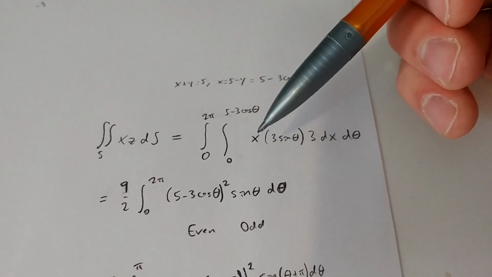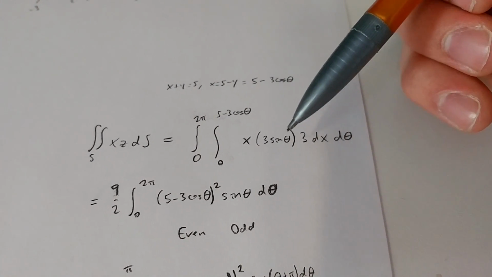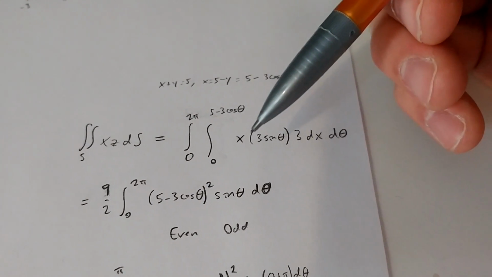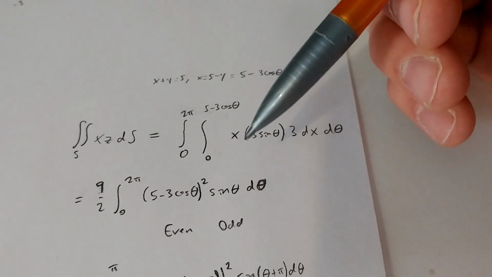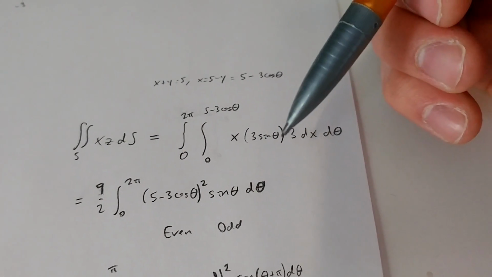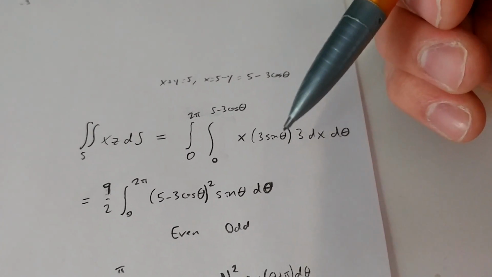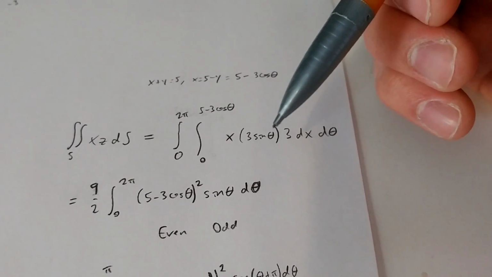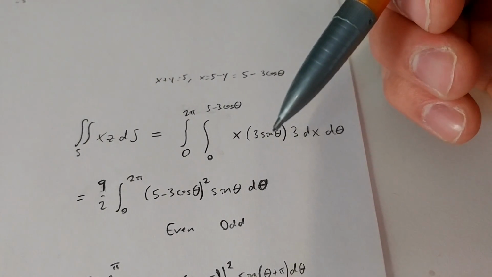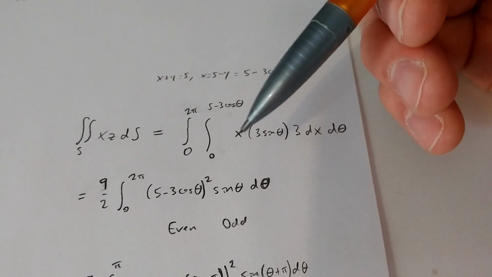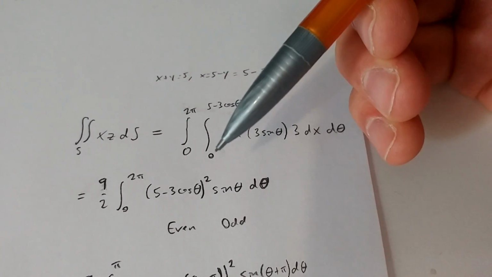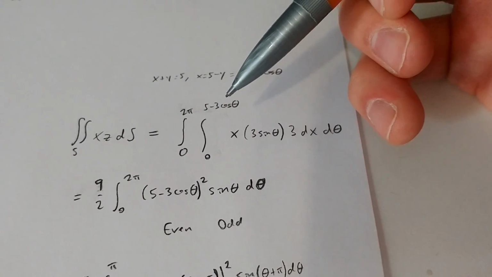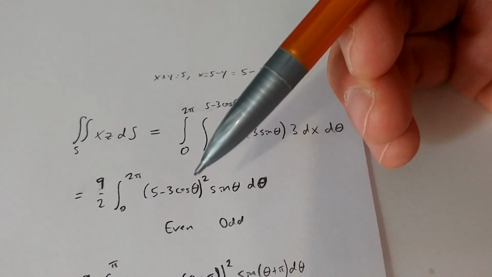Well, no, you take the integral of x first, so that's going to be x squared over 2. Just pull out the 2 3's and the half, and you get 9 halves. The constants don't matter because it's going to be 0. But so sine theta, and then you have x squared. So there's the sine theta. And then x squared, you plug in the top bound, and then the bottom bound is 0, so you don't need to worry about that.